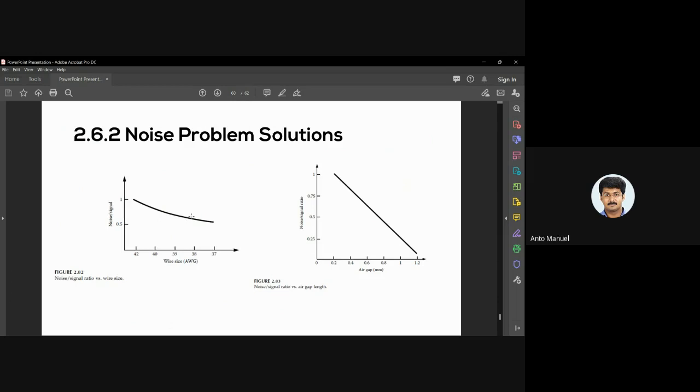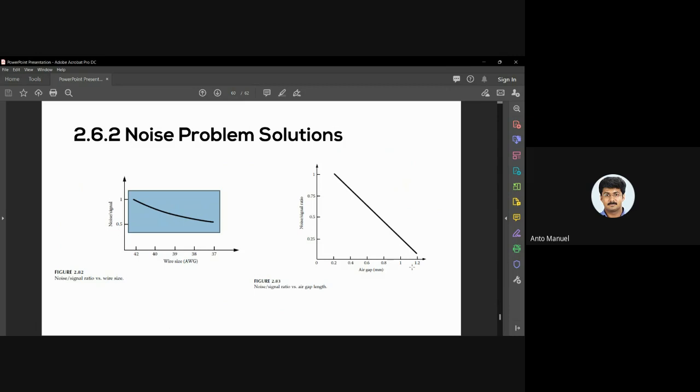The solution for the noise problem is this: if you increase the size of the wire, the noise to signal ratio will reduce. If you change the wire size, the noise will decrease.